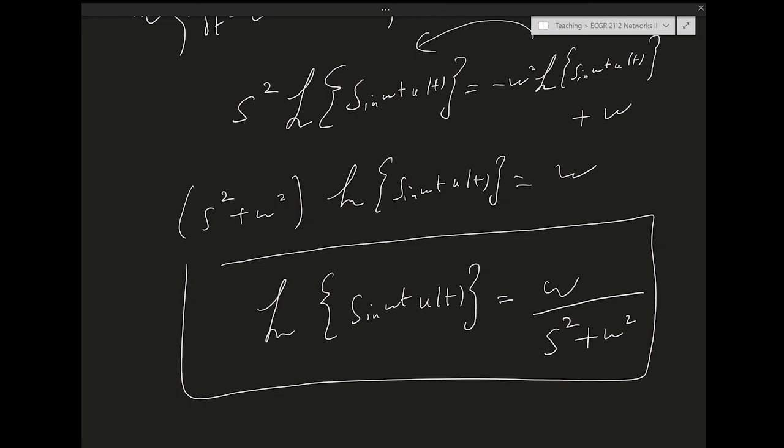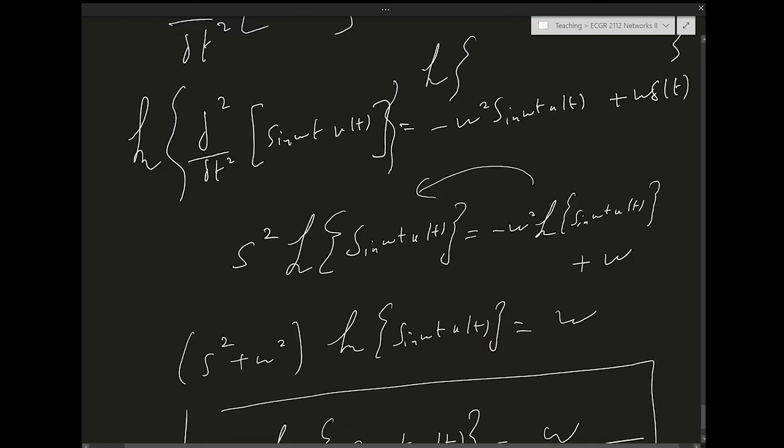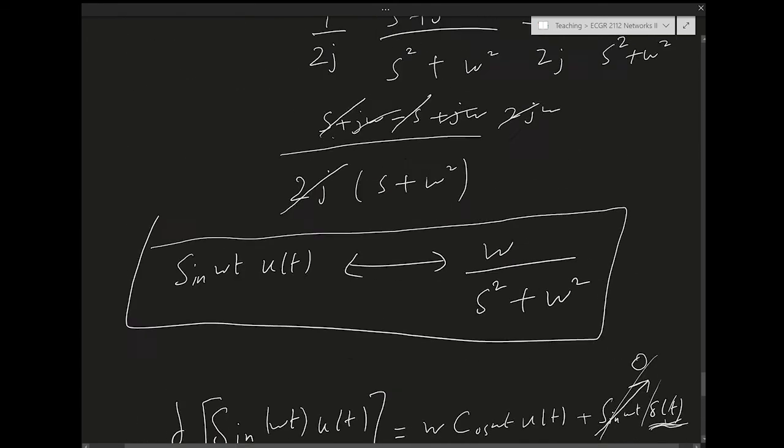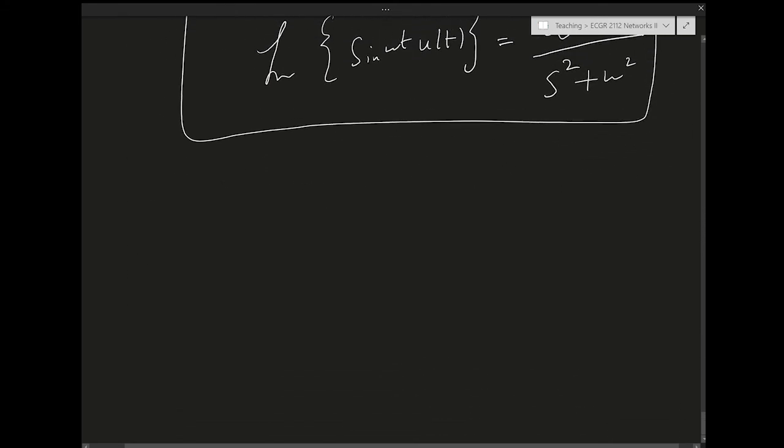Right? Now, what about the cosine? Well, we can follow the exact same logic. We could either differentiate the cosine twice, or we could write cosine omega t as half e to the j omega t plus e to the minus j omega t.